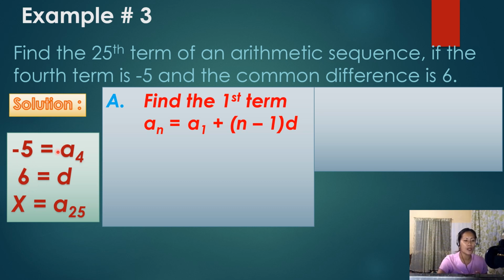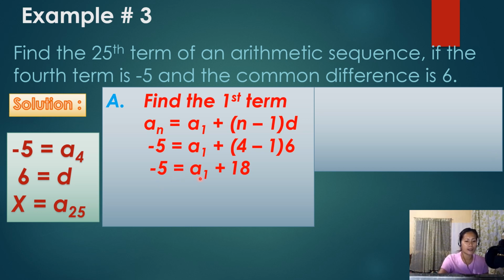So we substitute a sub n, that is negative 5, equals a sub 1 plus the quantity 4 minus 1 times 6. And then we simplify. Negative 5 equals a sub 1 plus 18.